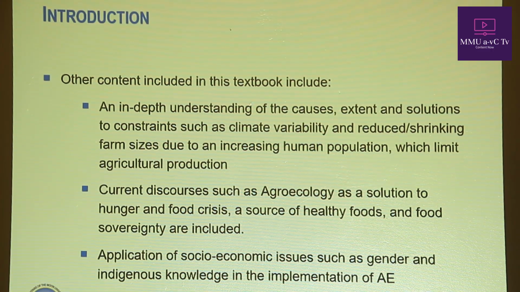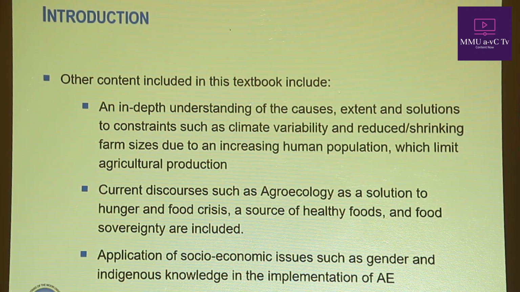We look at the current discourses such as agroecology as a solution to hunger. So feeding the 9 billion people by 2040, which actually is maybe even more than 9 billion people as had been anticipated earlier.